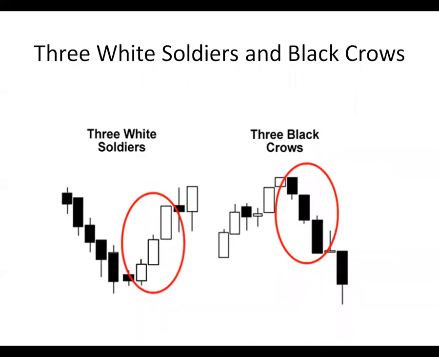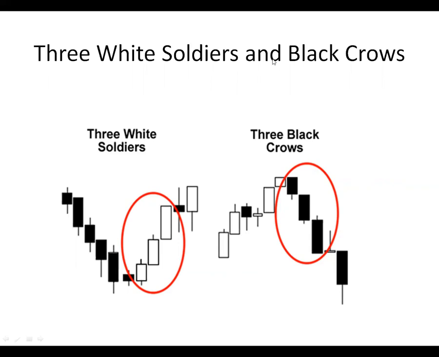And this pattern, I hate the description of the pattern. I don't know if it's because I am an African, but I hate this description here. Why am I saying that? Now, the second pattern we are looking at is 3 white soldiers and then 3 black crows.